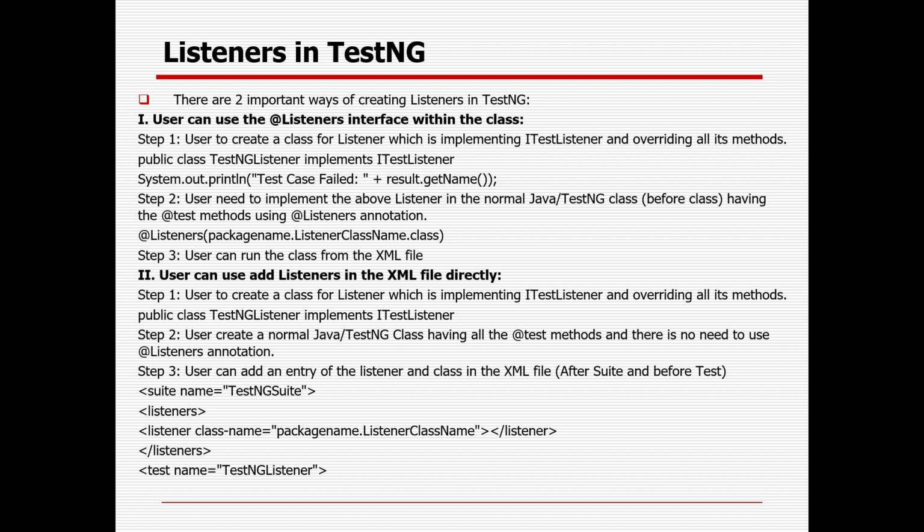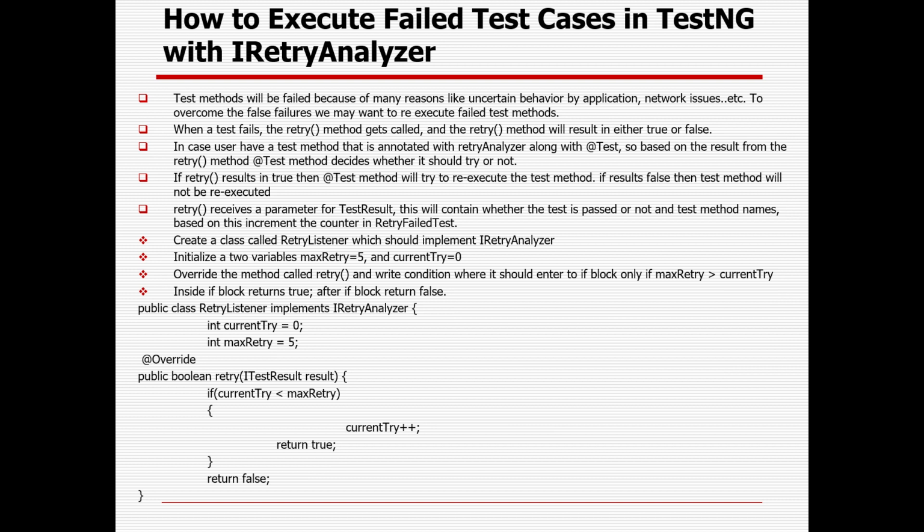So I can implement another listener, the IRetryAnalyzer listener, and execute those test cases n number of times based on the configuration. I will execute only the failed test case n number of times based on my desired expectation.